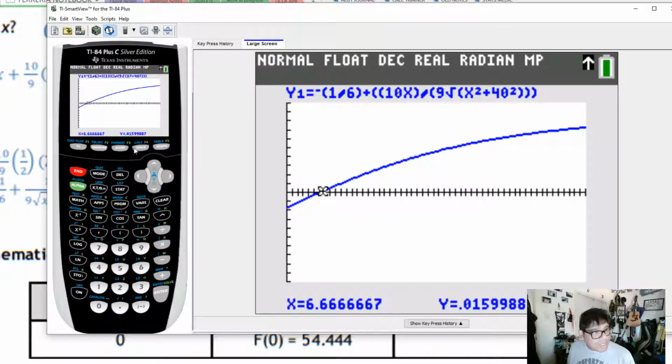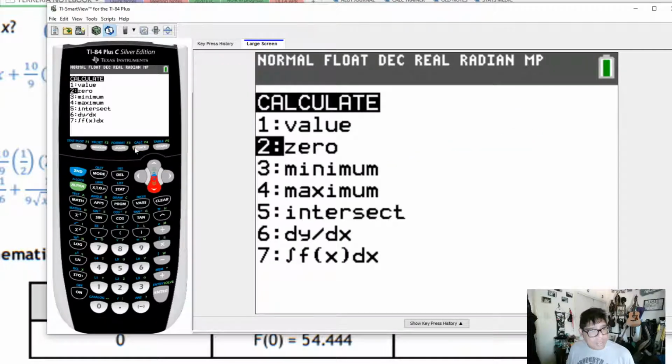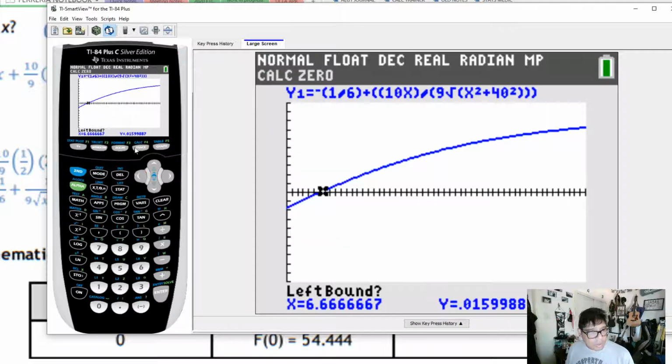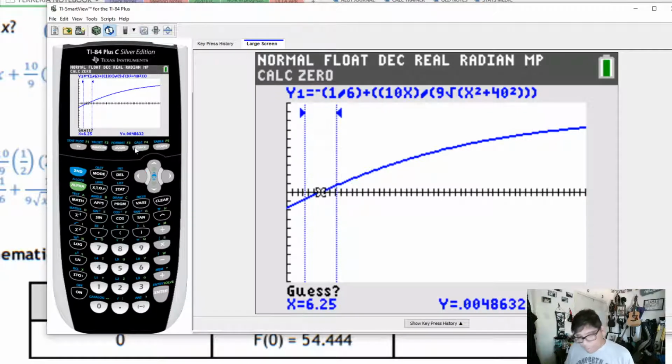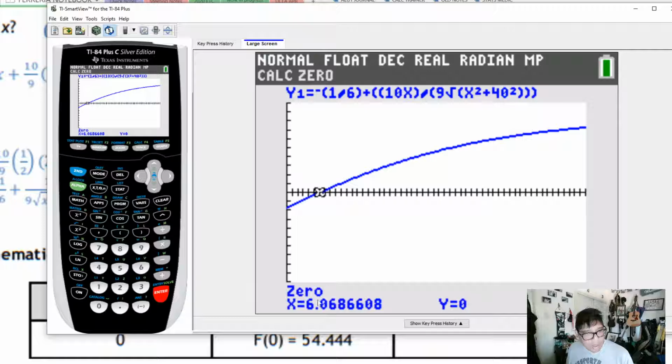Let's find where that is exactly. Second, calculate, zero. We'll cursor to the left of the 0 and push enter. Then we'll cursor to the right of the 0, push enter again. Cursor over on top of the 0, push enter. And there we go, 6.06866.